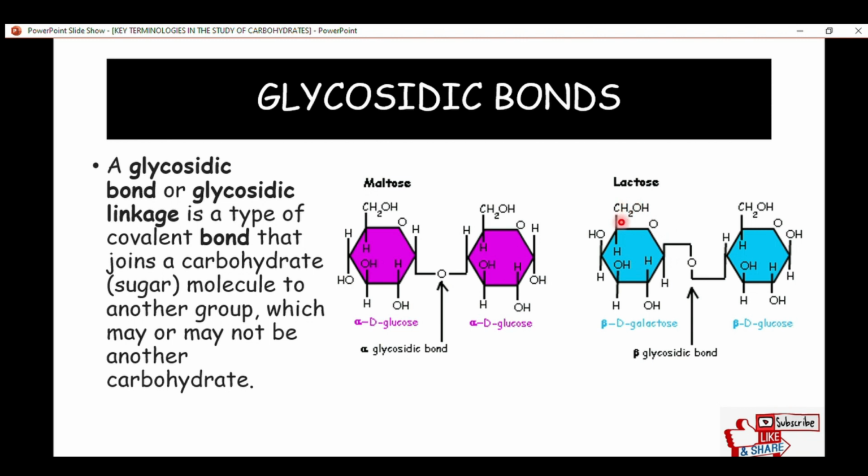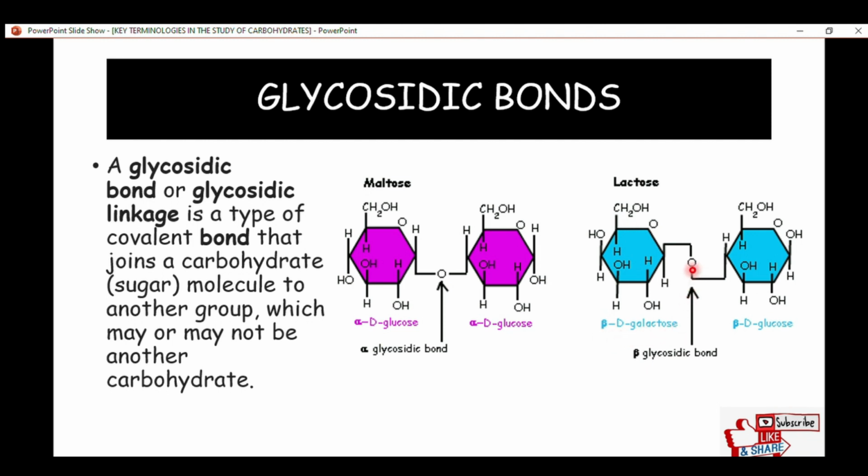And the reason why it is a D sugar is that it is in the D direction, that's the right direction. When you convert this cyclic sugar into a Fischer projection, you see that this is in the right direction. That's why it is a beta-D-galactose.